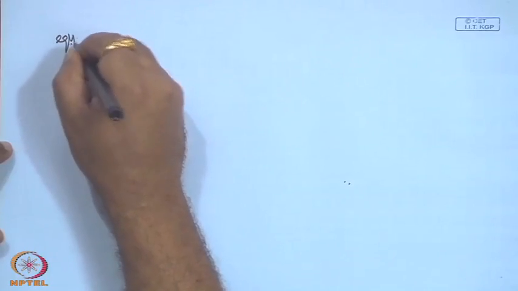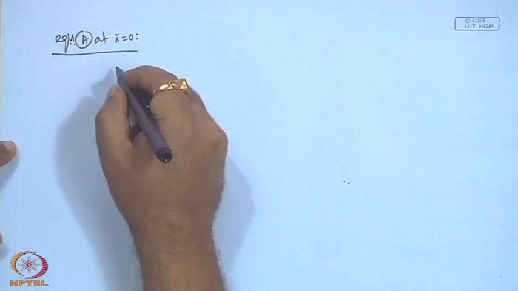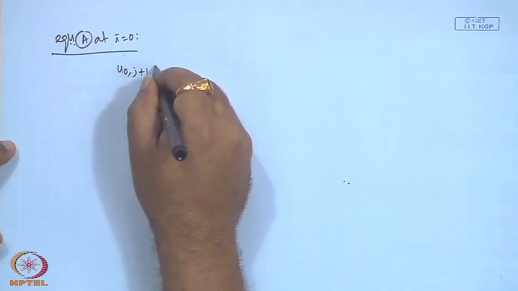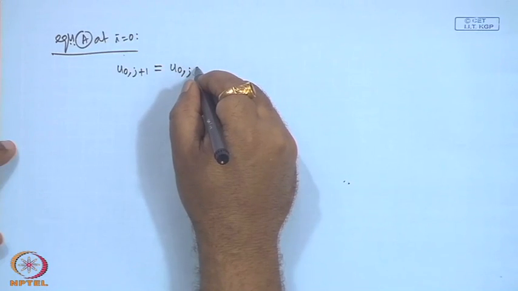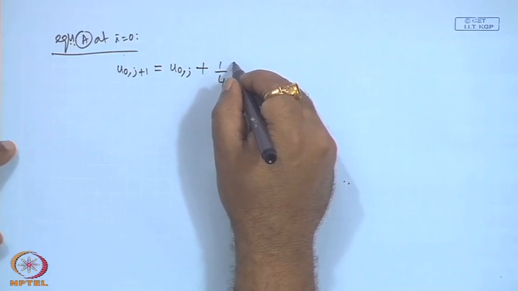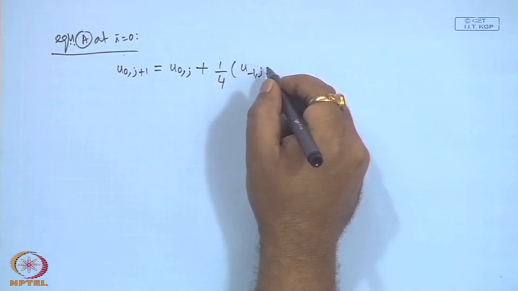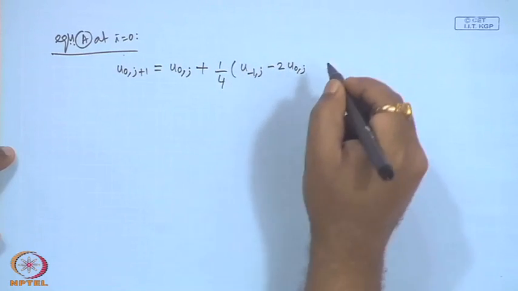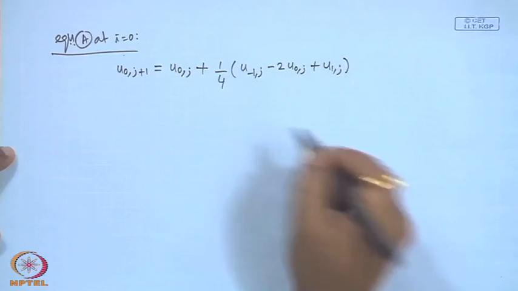So, equation A at I equals to 0, this will be u minus 1 j, okay, this is I equals to 0, minus 2 u 0 j plus u 1 j. Okay.